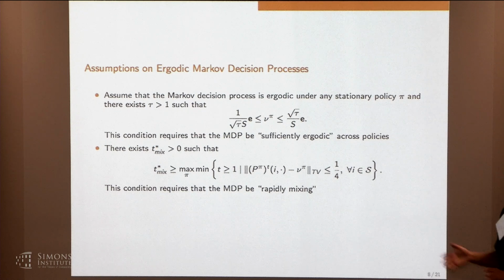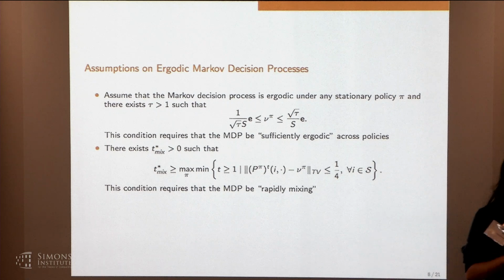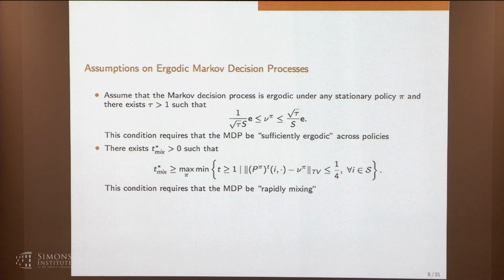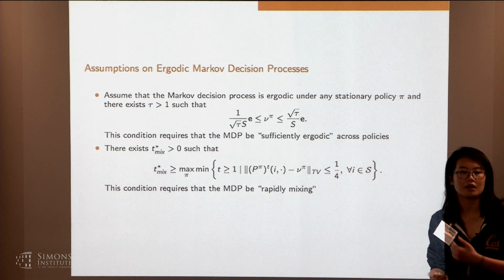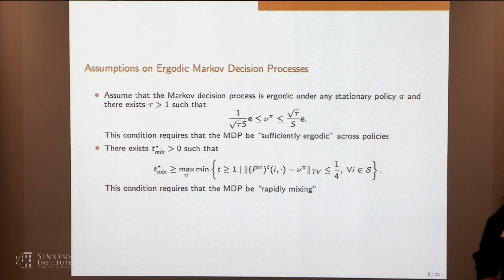The second condition is that I want my Markov decision process to be rapidly mixing. I'm going to assume that I know a uniform upper bound on the mixing time of the Markov chain under all stationary policies. An alternative way to understand this is that maybe my original problem does not satisfy those conditions, but I'm going to focus on policies within such a range, and look for the best policy from that range.